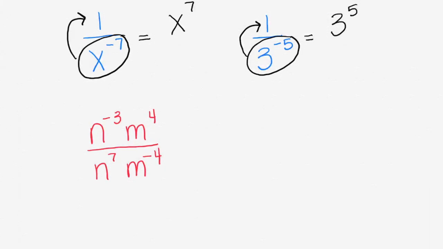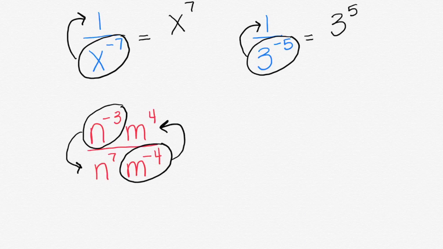In this case, we have many terms that need to be combined, but we also have some negative exponents that need to move. My first step is I'm going to move any terms that have negative exponents. They're going to move across the division line so that they become positive exponents.